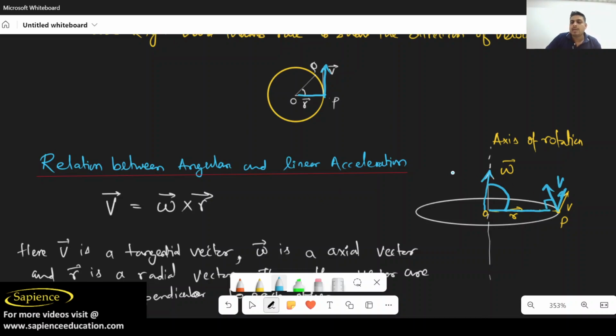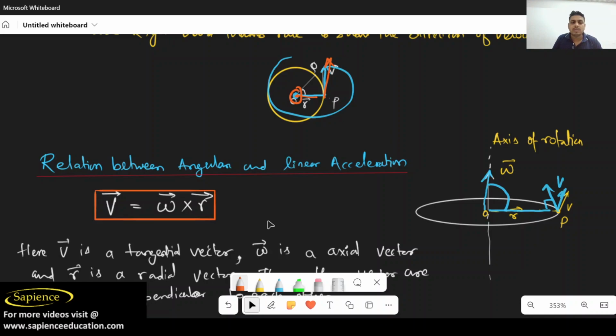This is perpendicular. From this top view, we can easily see the dot is your omega, that is, omega is coming in the upward direction, and omega cross r gives a velocity in this direction. That's why we have taken velocity v as omega cross r.